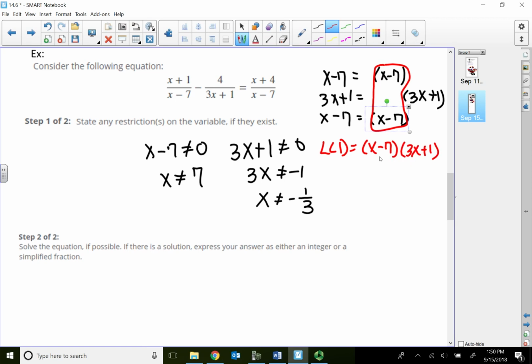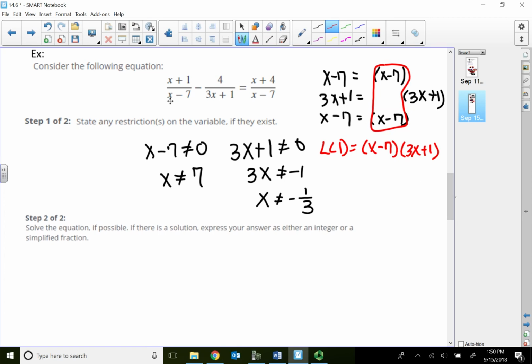So now imagine taking this LCD and multiplying all three terms. Let's just do this quickly. The LCD times the first term, the x minus 7 will cancel out. Or you can say, what does the LCD have that the first denominator does not have? The first denominator does not have 3x plus 1. So we take that times the numerator, which is x plus 1.